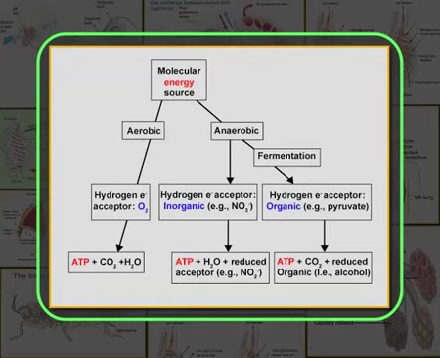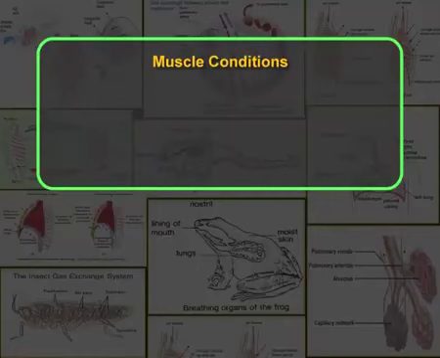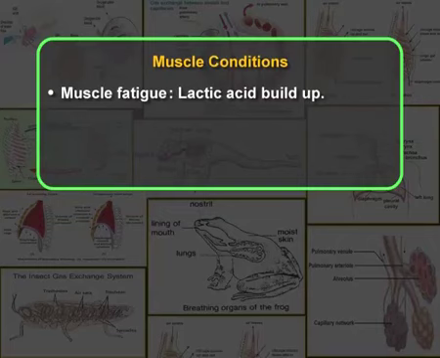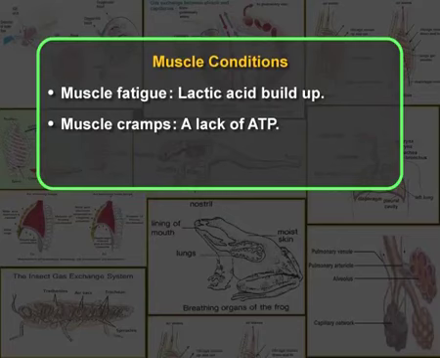But in anaerobic respiration in the muscles, glucose metabolizes to lactic acid and that causes fatigue. Why? Because a small amount of energy is released. Now, when there is muscle fatigue, lactic acid builds up, muscle cramps, there is lack of ATP, and soreness when there is a rip in the muscle.